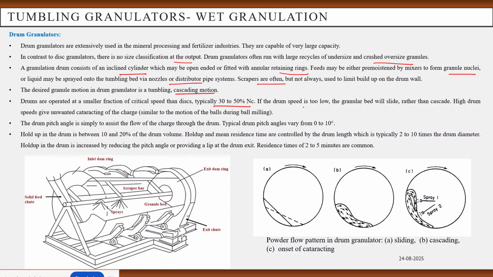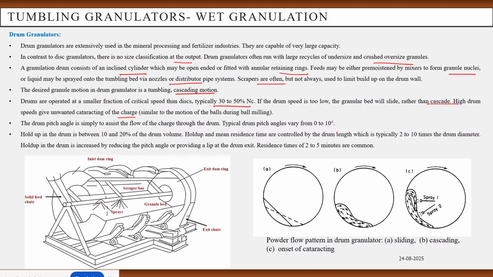If the drum speed is very slow, the granular bed will slide rather than cascade. High drum speed will give unwanted cataracting motion of the charge, similar to what happens in ball milling. The drum pitch angle is simply to assist the flow of the charge through the drum.